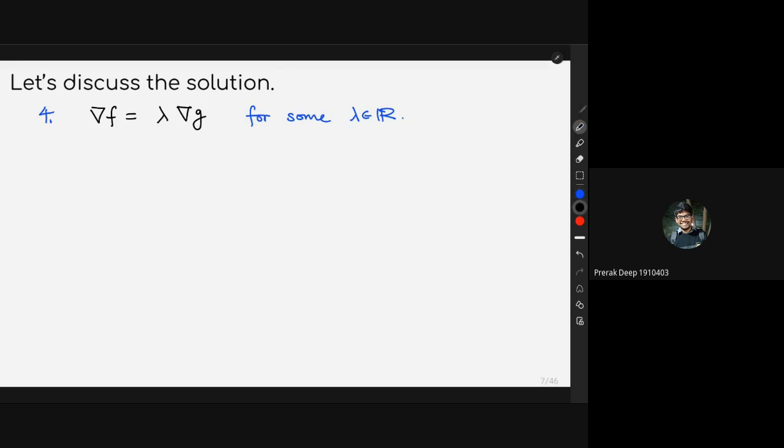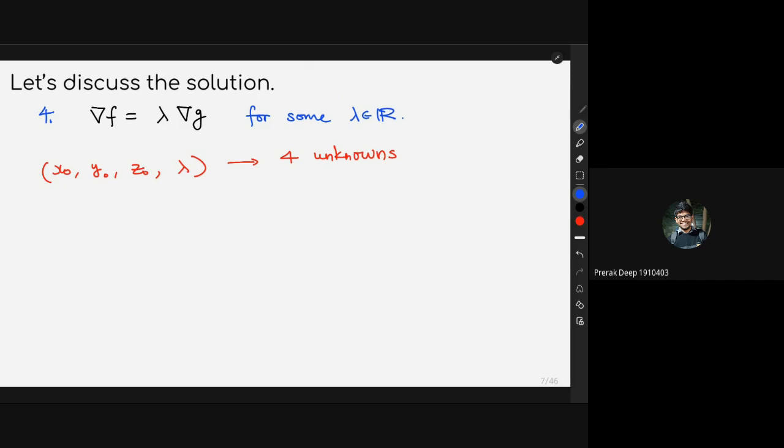So what are the unknowns? Unknowns are x naught, y naught, z naught, and lambda. So we have four unknowns. In order to solve for these four unknowns, how many equations do we need?